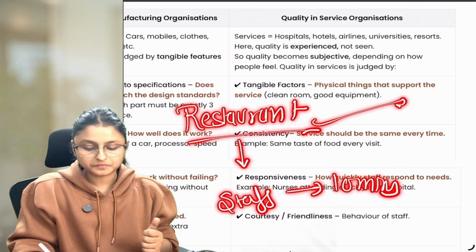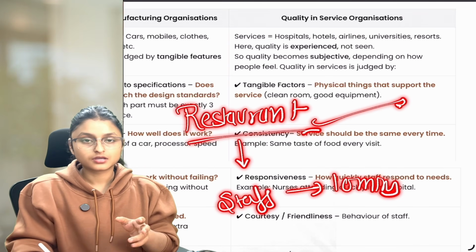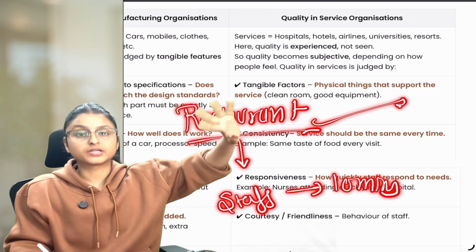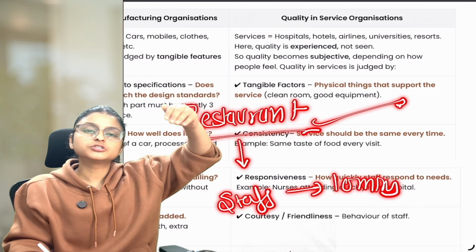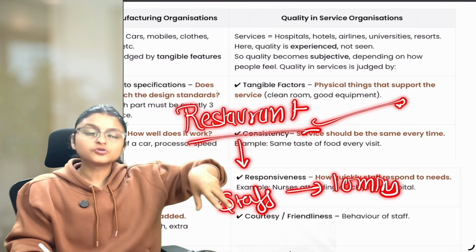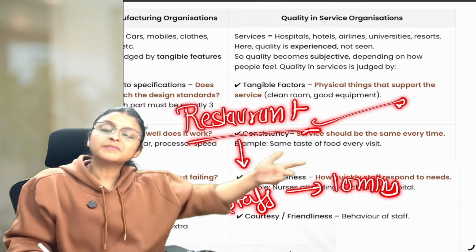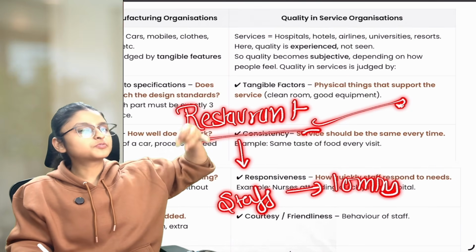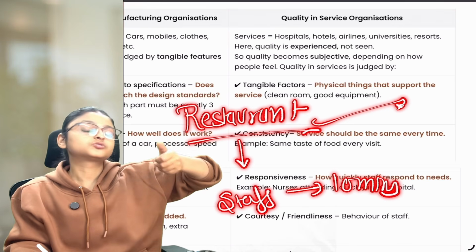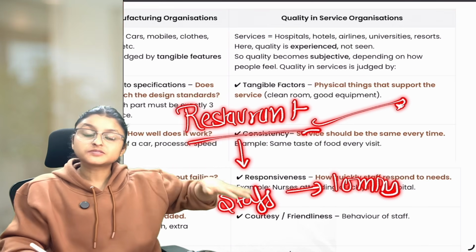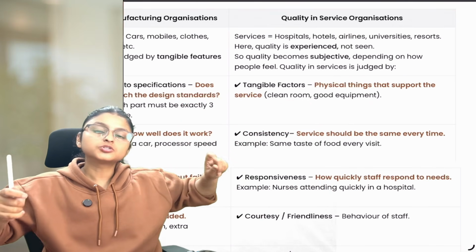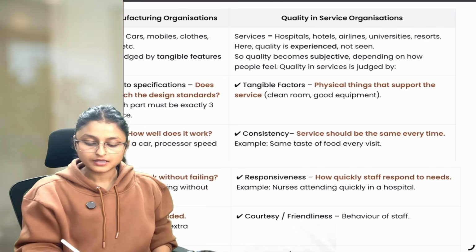But it can happen that when your friend went there, a lot of people were also there, and that is why the service was very late. He got his food very late. So he might feel that the service provided in that restaurant was not good. So the experience can differ from person to person in the case of service.